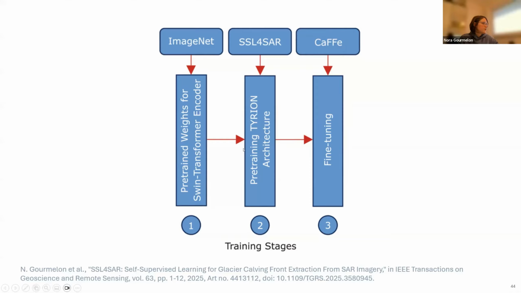Then the two pre-training strategies that I came up with myself that use the SSL for SAR dataset. So here we have to choose between the two pre-training strategies, so just one of them is used. And then the third stage is the fine-tuning on the CaFFe benchmark dataset.